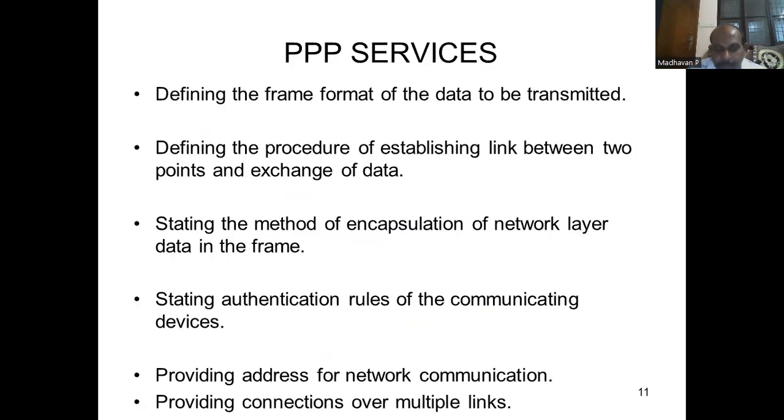So some of the important services of PPP are the rules, the standards and procedures to be followed.